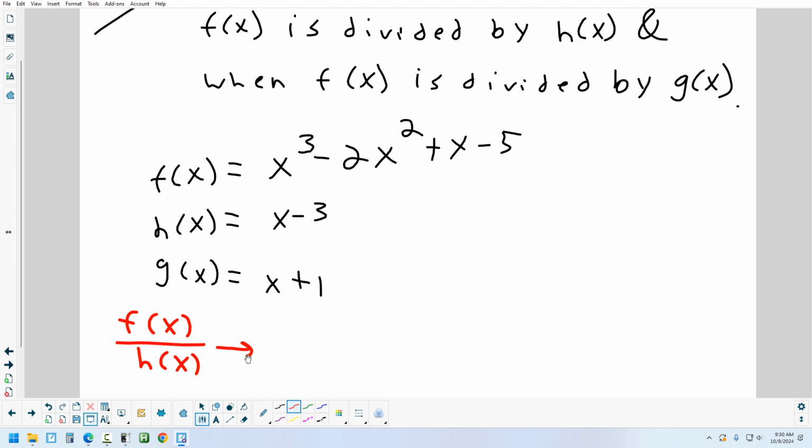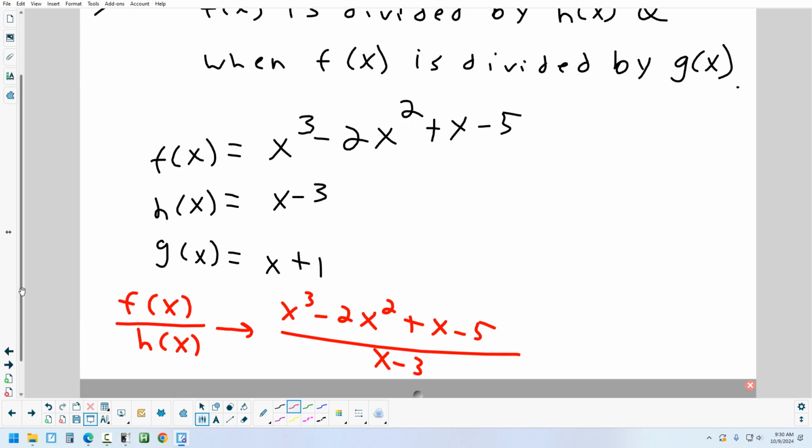In the top, you've got x cubed minus 2x squared plus x minus 5, and we're dividing by x minus 3. Does this problem fit the pattern to use the remainder theorem? Yes, because we're dividing by x minus a number. What's the number after the minus sign? 3. Take the 3 and fill it in everywhere there's an x.